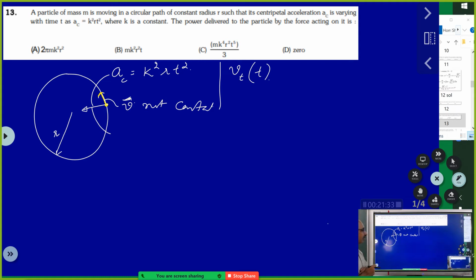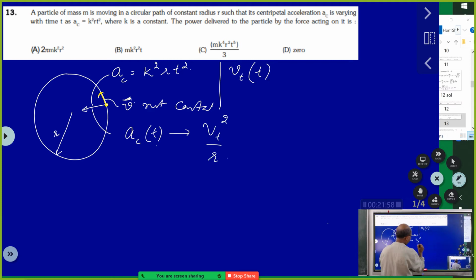What can affect centripetal acceleration? Here you see, centripetal acceleration is a function of time. As time increases, centripetal acceleration is increasing. So centripetal acceleration is related to what? V tangential square by r. So if the centripetal acceleration is increasing, Vt is also increasing. That should give us the clue, and we should be able to solve this problem.